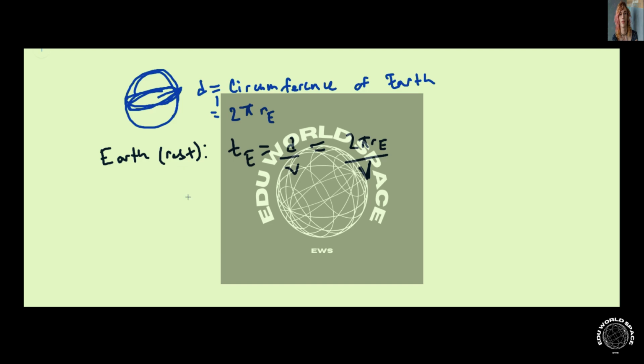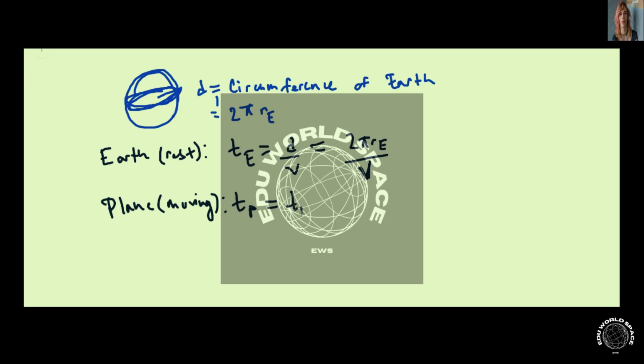And then you have the moving frame of the plane. So plane, which is moving, let's call that T sub p, is the time taken from the plane's frame of reference, will actually be a dilated time because of time dilation in a moving reference frame under special relativity.